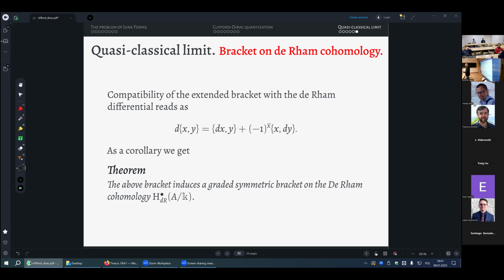Always I get zero. But there are some cases related, for instance, to singularities or some kinds of singularities related to singularities of a metric.